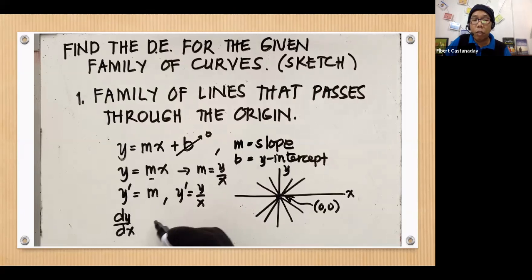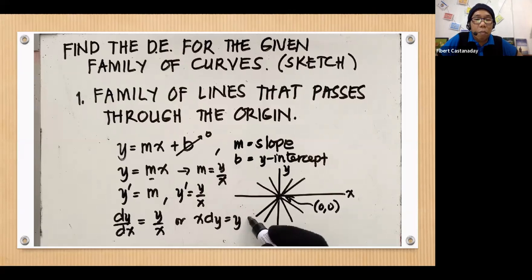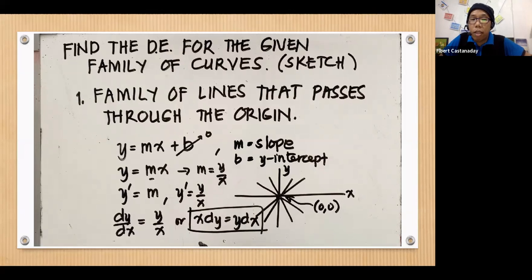So y prime is equal to dy over dx, the Leibniz notation, and then cross multiply mo lang, so you have x dy equal to y times dx, or you can arrange into an M dx plus N dy format, and that is y dx minus x dy.